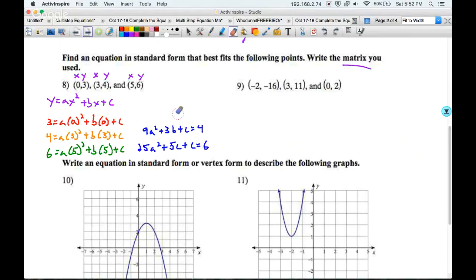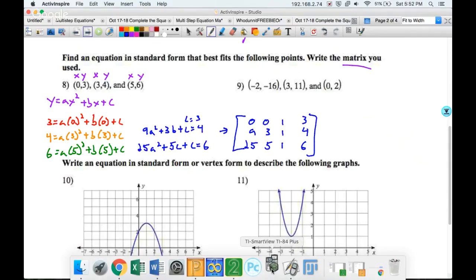Let me line that up a little bit better. Now let's turn that into a matrix. We'll have a column for A, B, C, and answers. So 0, 0, 1, 3, 9, 3, 1, 4, 25, 5, 1, 6. We're going to have to do reduced row echelon form on this.